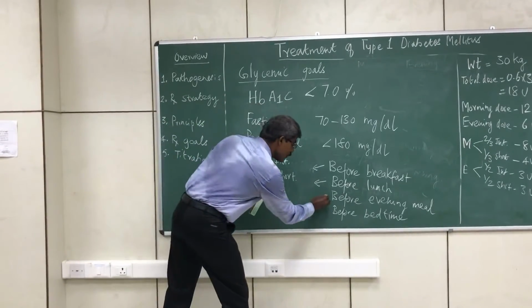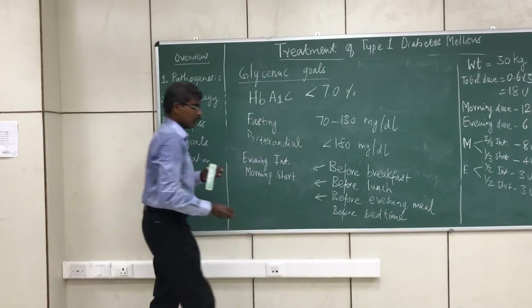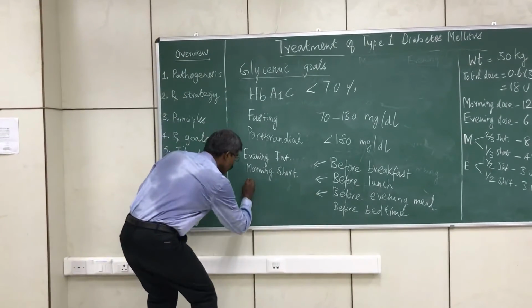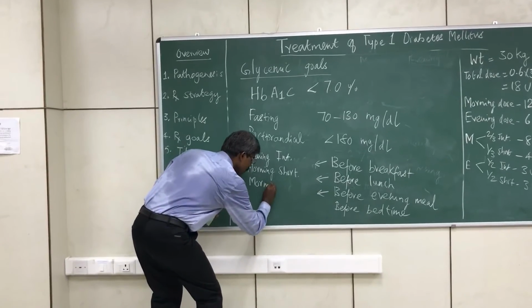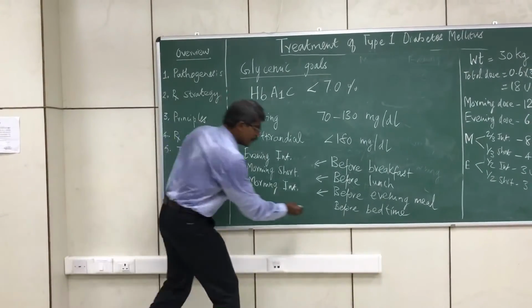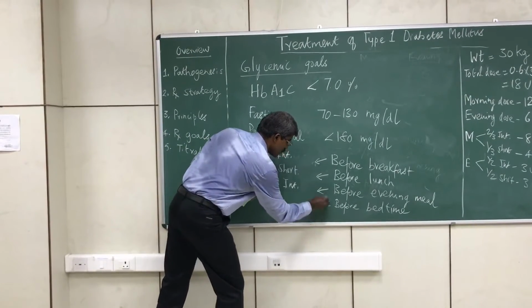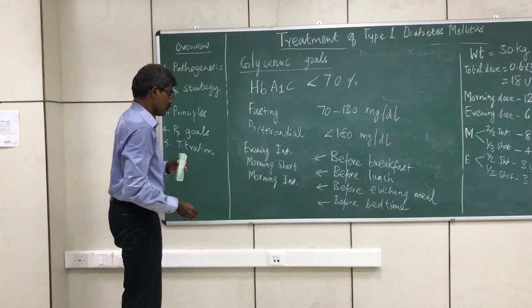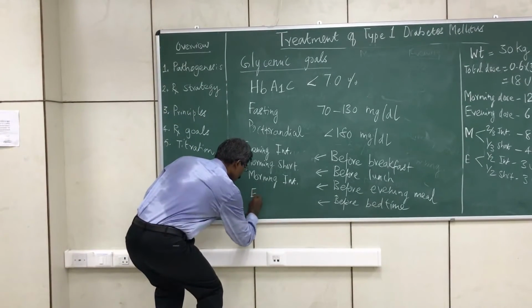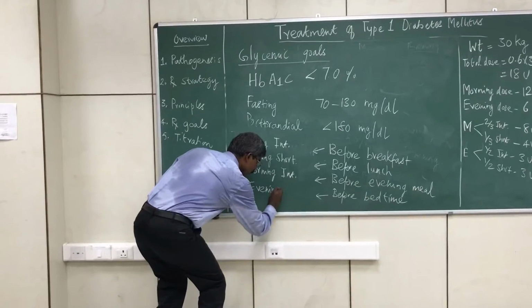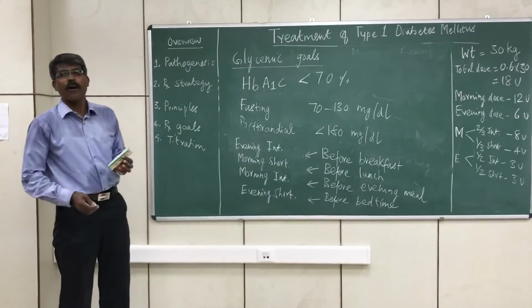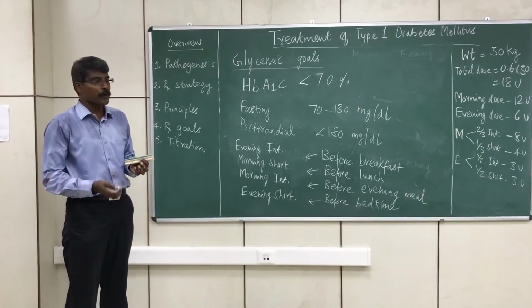If the before evening meal sugar level is not maintained, we need to alter the morning intermediate acting. And finally, if the before bedtime level is not maintained, then we need to change the evening short acting.